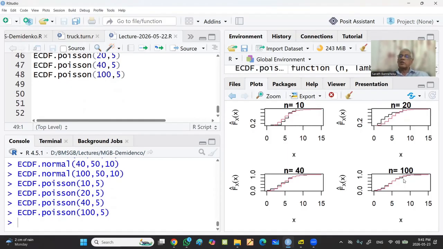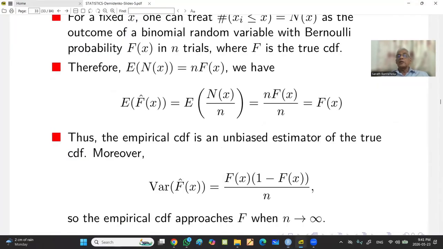When n is increased, the variability around the theoretical CDF is going to be smaller and smaller, right? So that is a very important theoretical result telling us that the empirical CDF is a very good estimator, an approximate function for the actual CDF.